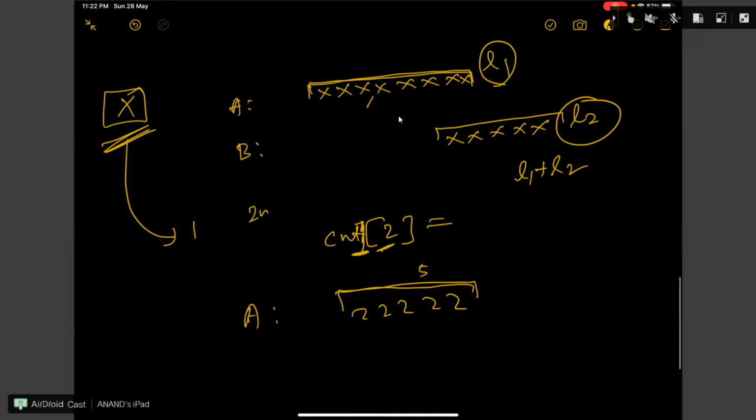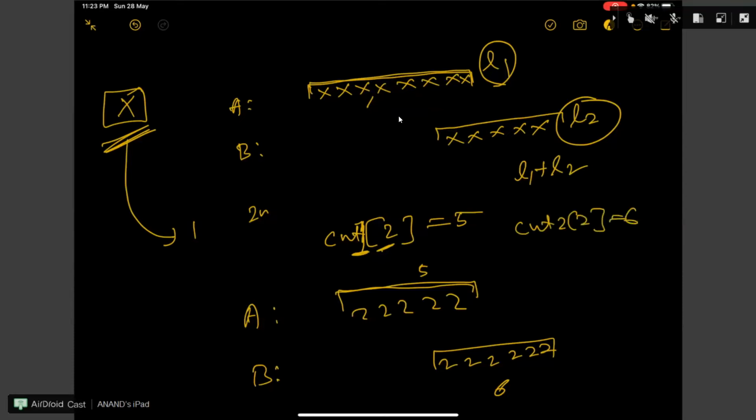Then count 1 of 2 will be 5. Similarly, you will store for B the maximum length of consecutive 2's. Let's say 6. So count 2 of 2 will be equal to 6. So corresponding to each X, just take the maximum of whatever the answer is, comma, count 1 of 2 plus count 2 of 2.